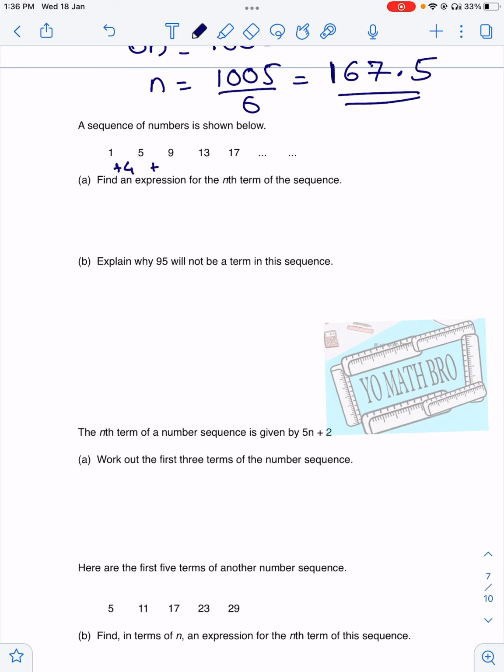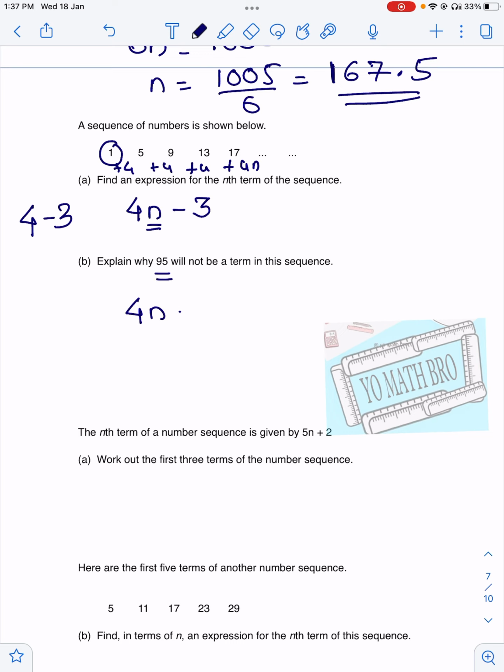A sequence of numbers is given: 1, 5, 9, 13. Now we have become very smart. Plus 4, we have to write the expression. I told you, the difference, multiply by n, and then substitute n as 1 always. So I get 4. What should I do to 4 to get 1? Minus 3, and so I put minus 3. This is my expression. Why is 95 not a term?